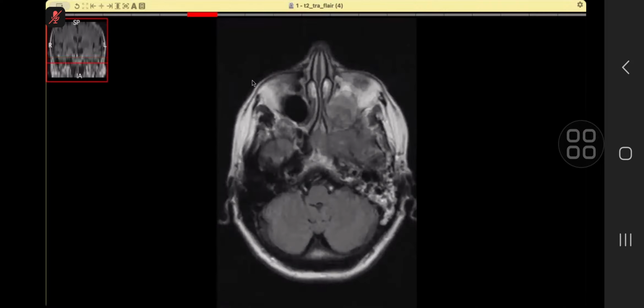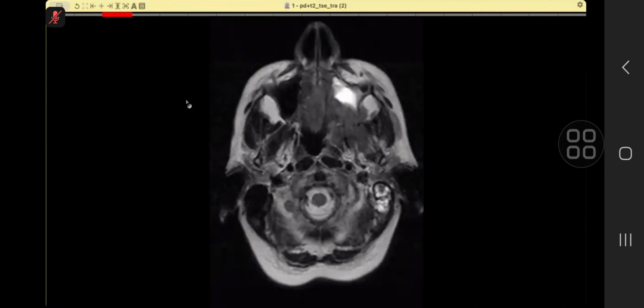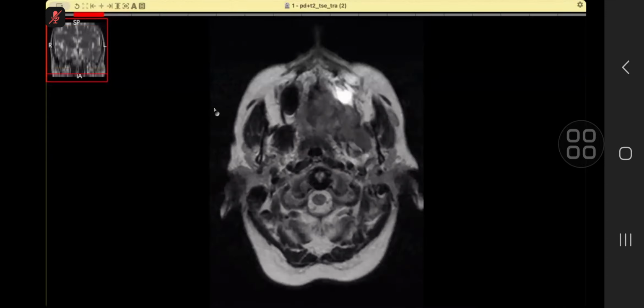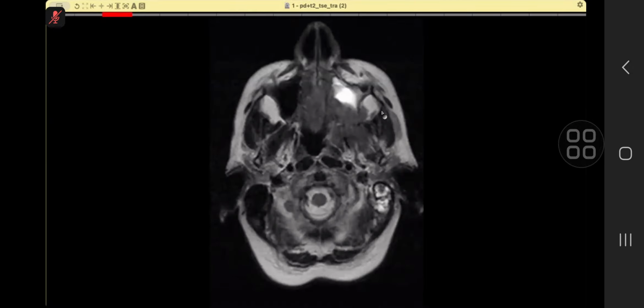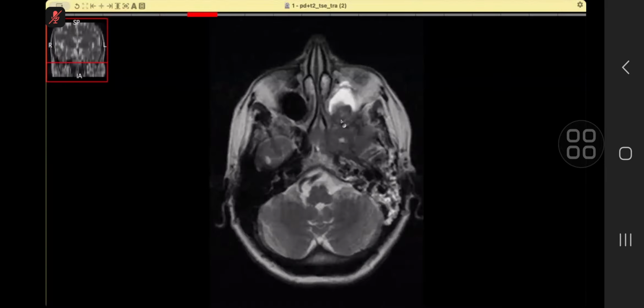Now, here, this is the T2 weighted sequence. We can see this low signal here. So a portion of it is fluid, which is in the maxillary sinus. Now it goes posteriorly into the muscles of mastication. Now here, if you compare it, this is the maxillary sinus, so the tumor is infiltrating posteriorly.